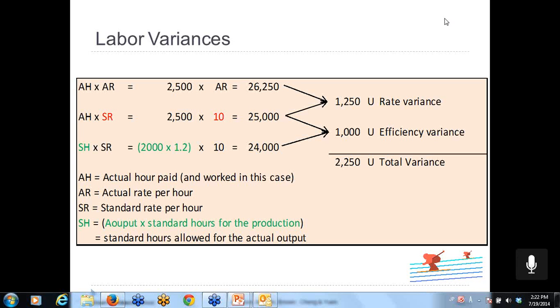When comparing actual hours paid at the standard rate, the second row, with the flexible budget, the third row, the difference is $1,000 unfavorable. This variance represents the inefficiency of workers because actual hours paid and worked is 100 hours more than the standard hours allowed for the actual production output.